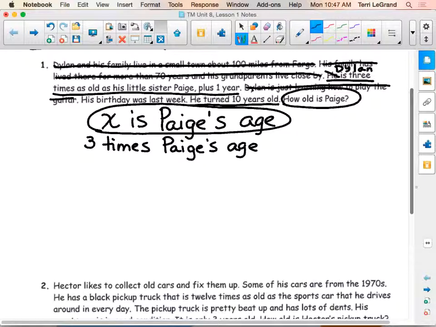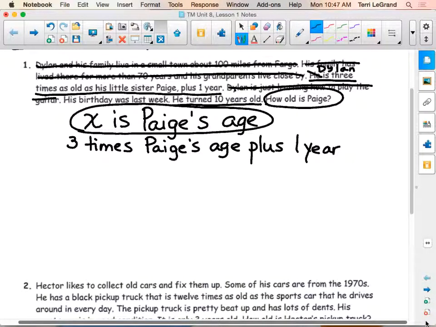So that would mean if we would multiply Paige's age by 3 plus 1 year is Dylan's age. That all right there describes Dylan's age. 3 times Paige's age plus 1 year is Dylan's age?